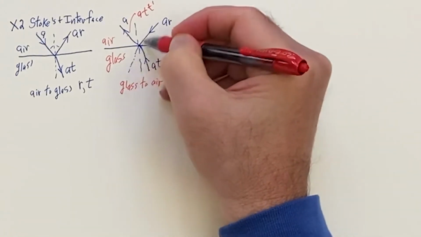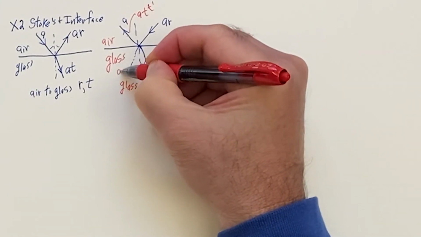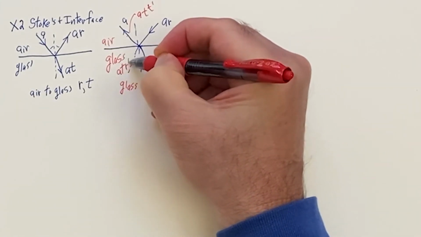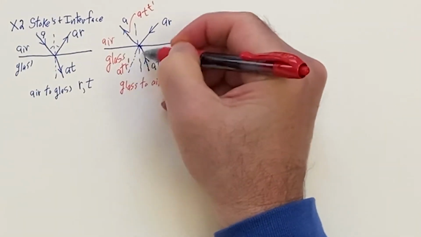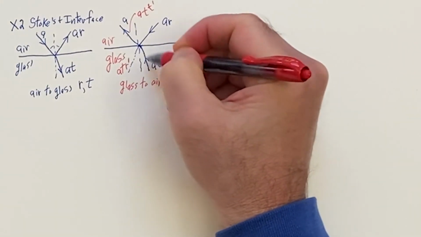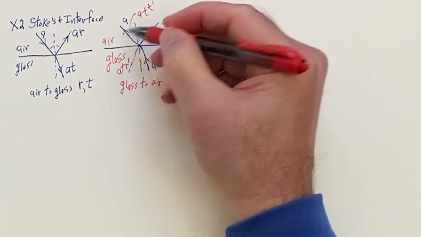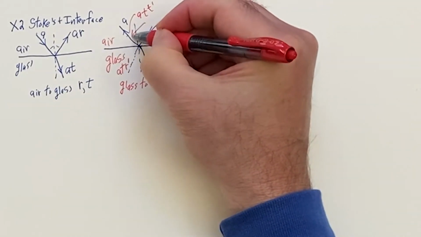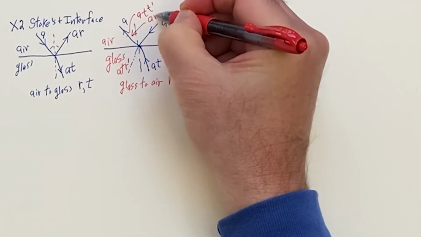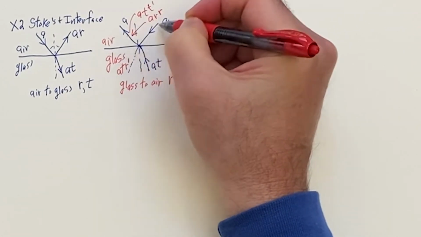And then here, for the reflection, this would be AT R prime, since you're reflecting from the glass side. So whatever this is, R prime. But now this one, when this reflects, that's the regular reflection. So this one would be an AR, since that's on the air side.